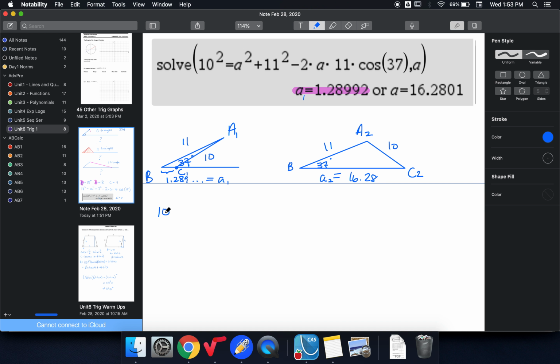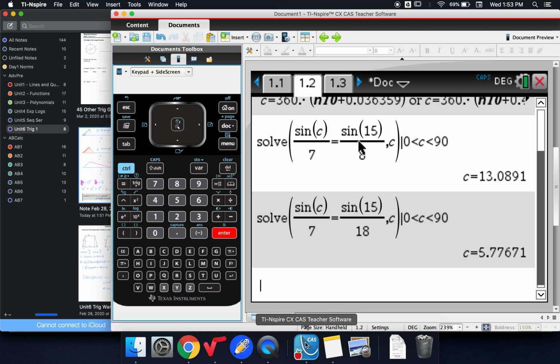So 10, I'm going to start with angle on top, but that doesn't matter either. Sine 37 over 10 equals sine of C over 11. But here I know that C is greater than 90. So I'm going to come into my calculator.